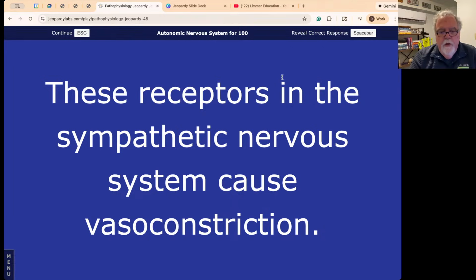You need to know this. So there's basically receptors that we study in EMS. There's a couple different kinds. These receptors, if I were to give a medication and I wanted to cause vasoconstriction, where would that come from?